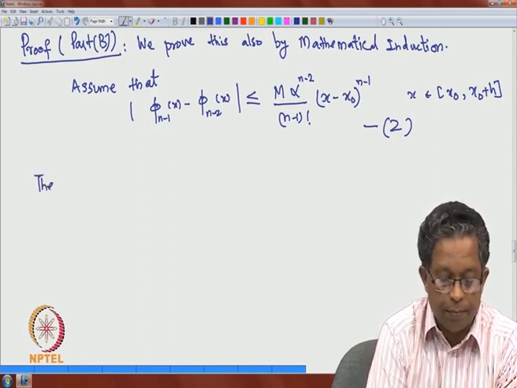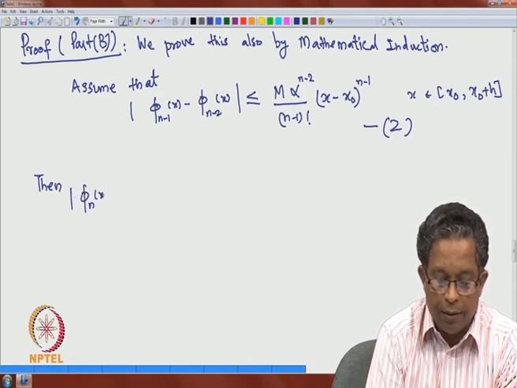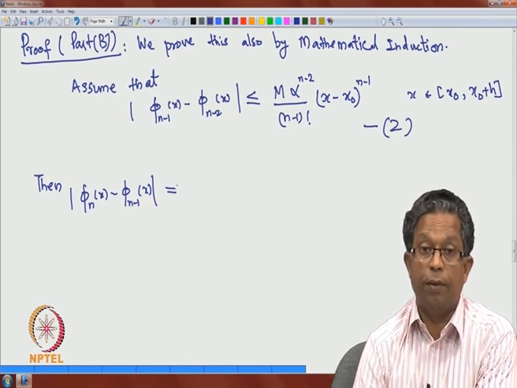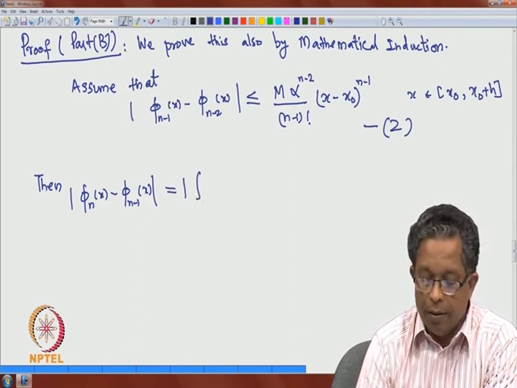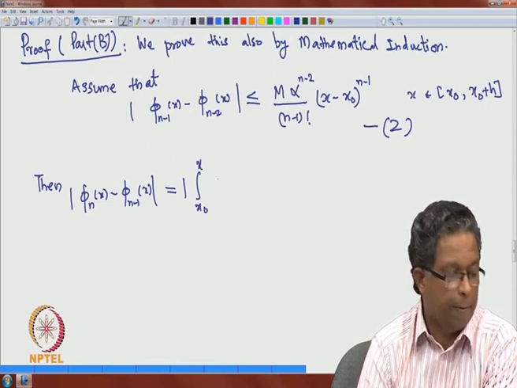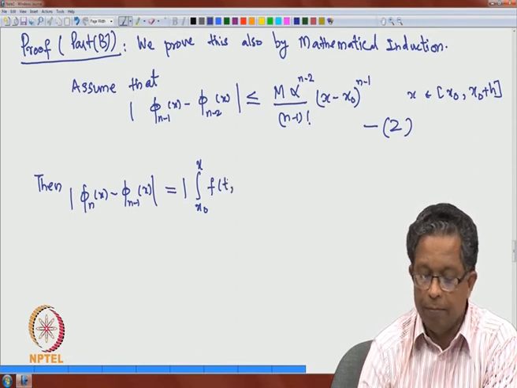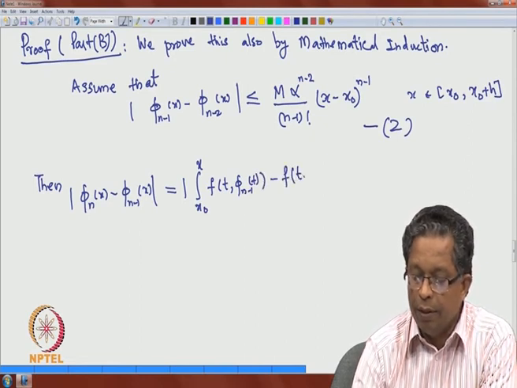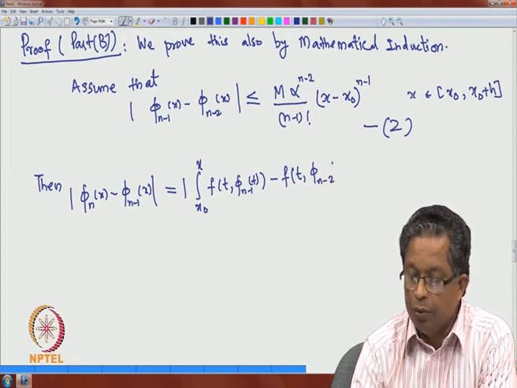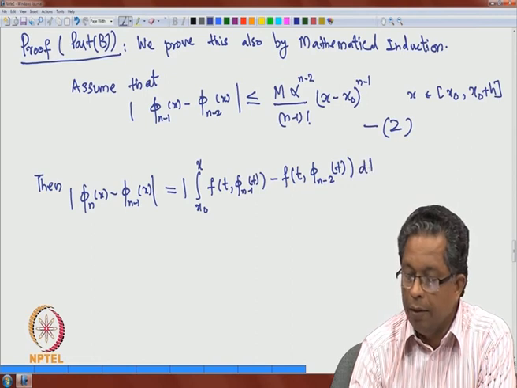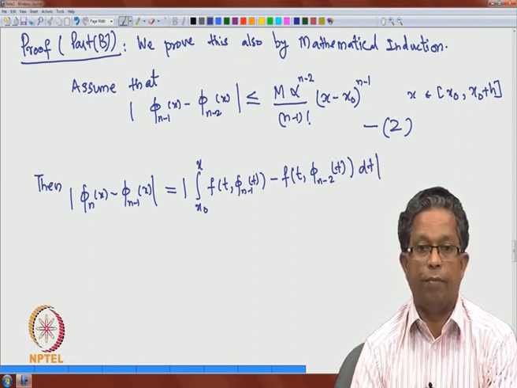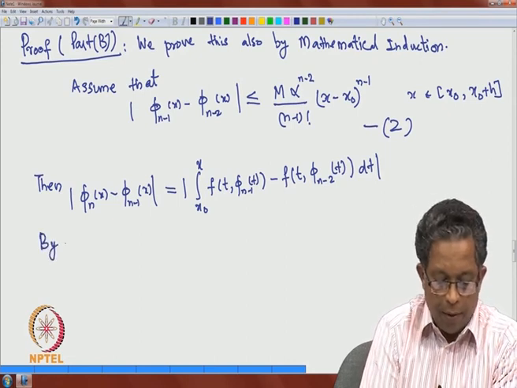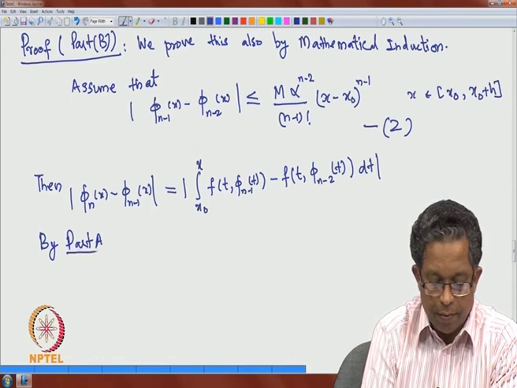Then phi n of x minus phi n minus 1 of x, by the definition of the iterants, is the integral from x 0 to x of f of (t, phi n minus 1 of t) minus f of (t, phi n minus 2 of t) dt. Now, by part A, what do we have?